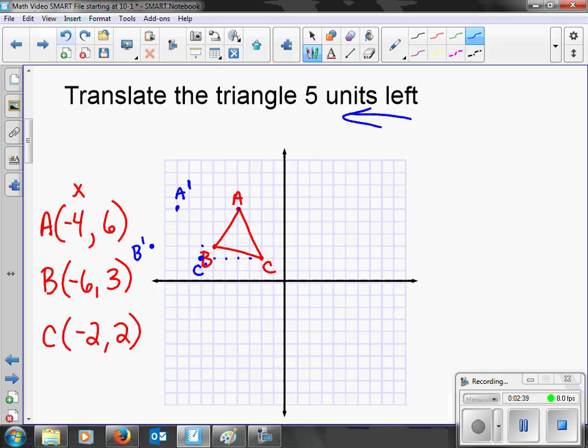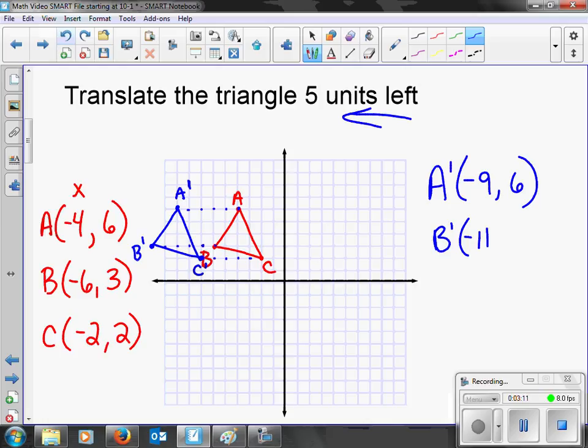Okay, so this is C. So the C kind of runs into your lettering. It's not a problem. So now let's write the new coordinates where the point is. So if the A here was a -4, well then -5, -6, -7, -8, -9. So this is -9 spaces, and then 6 up. B was at -6, so then it's -7, -8, -9, -10, -11 spaces left, and still at 3 in the y direction because we didn't go up or down, we just went to the left.